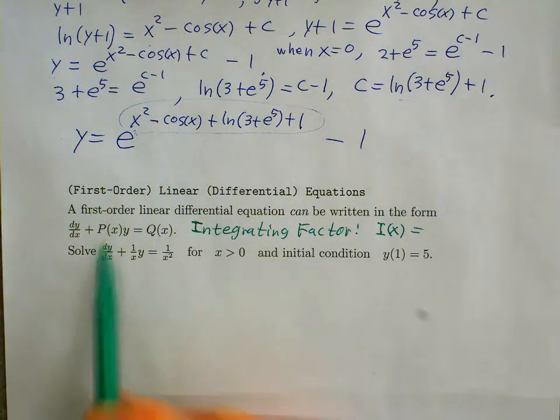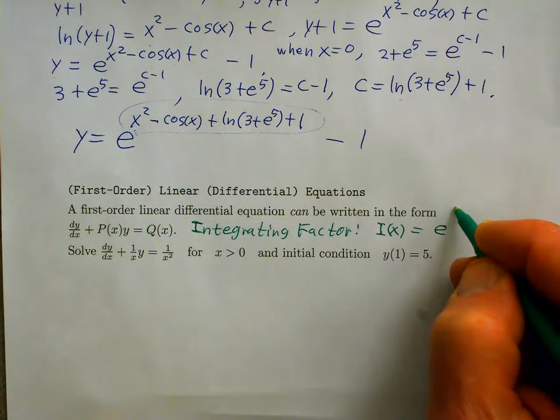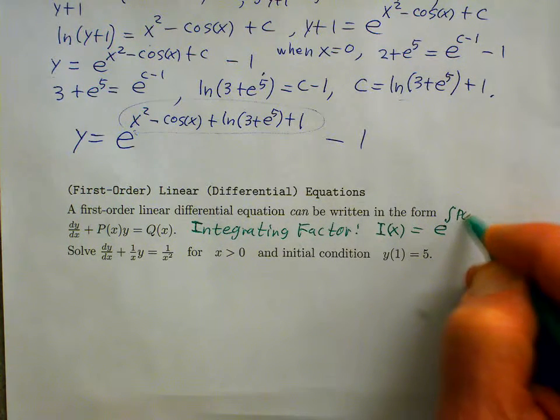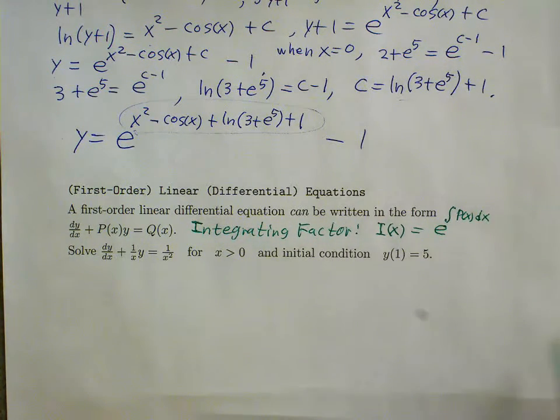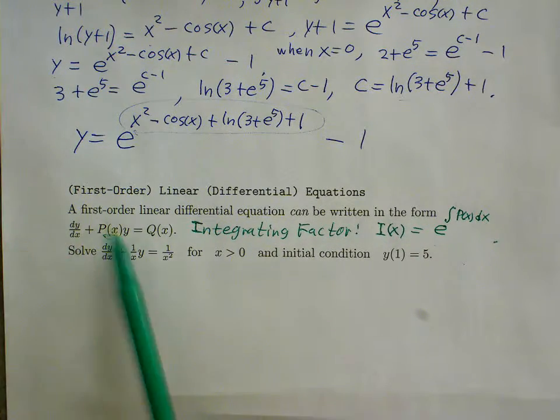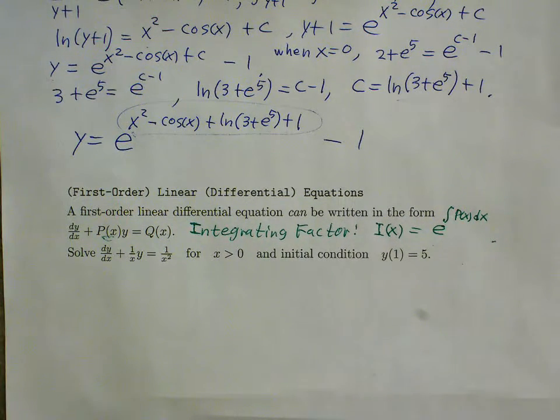And when it's in this form, the integrating factor is e to the indefinite integral of p of x dx. And then when you find the integrating factor, you multiply both sides of this equation by the integrating factor. The result is the left-hand side will be the derivative, the first derivative of a function, and so on.